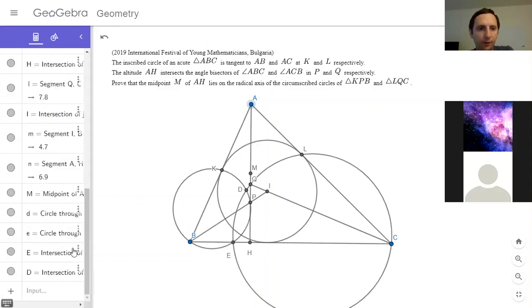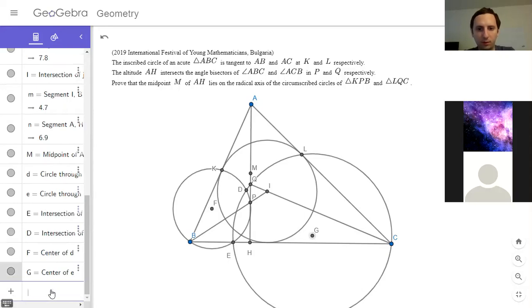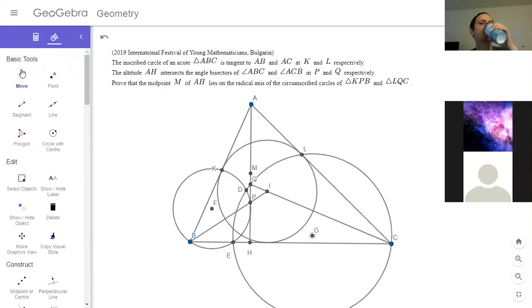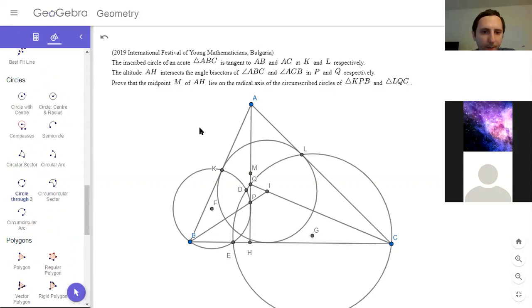Let me draw the centers of those circles. So AKIL is cyclic, right?